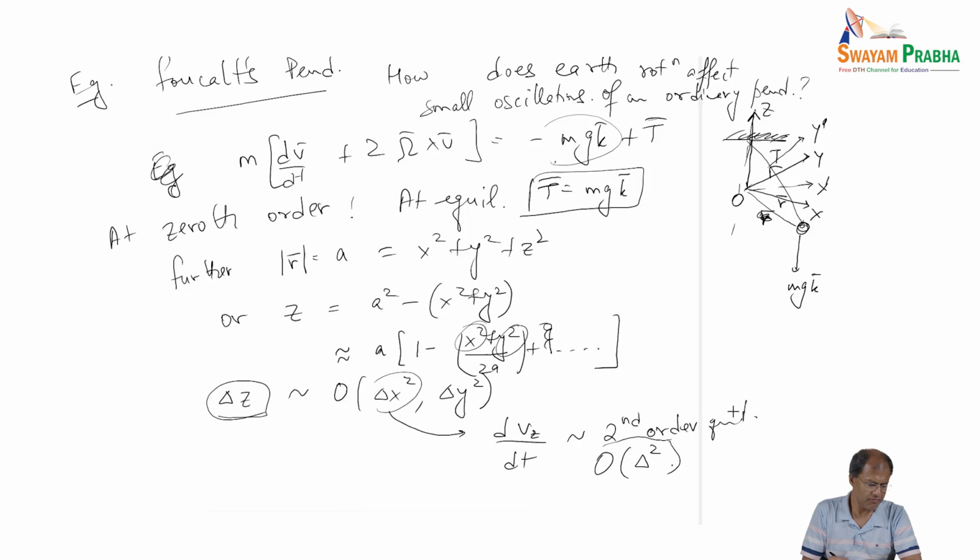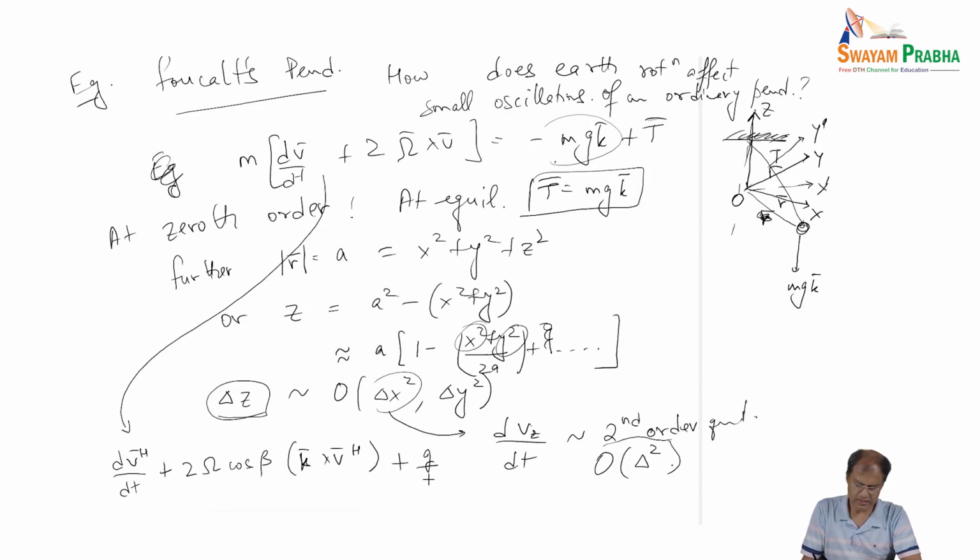Which means that if we now write the equation of motion, if we go back and look at this equation of motion: dvh/dt plus 2 omega cos beta k cross vh plus G by A rh is equal to 0.